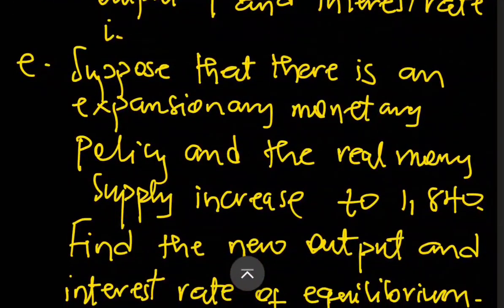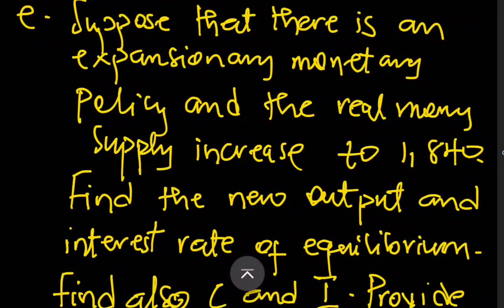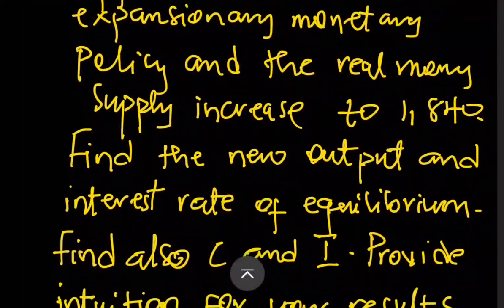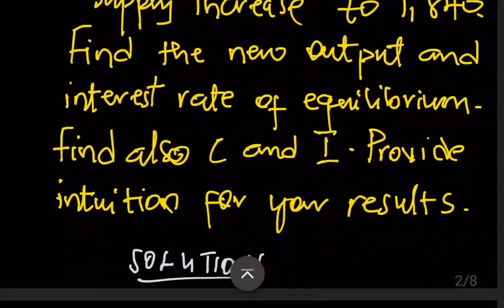And E says suppose that there is an expansionary monetary policy and the real money supply increased to 1840. Find the output and the interest rate of equilibrium, and find also C and I. And again, provide intuition for your results.